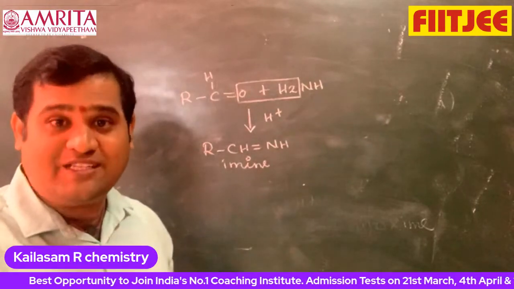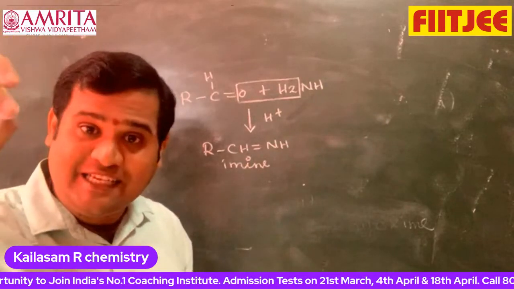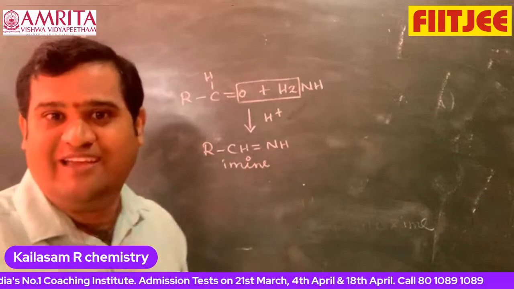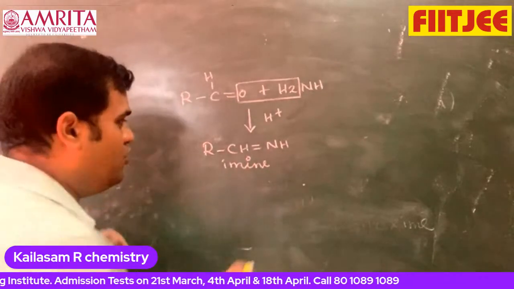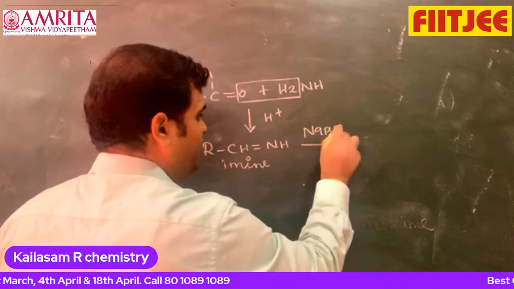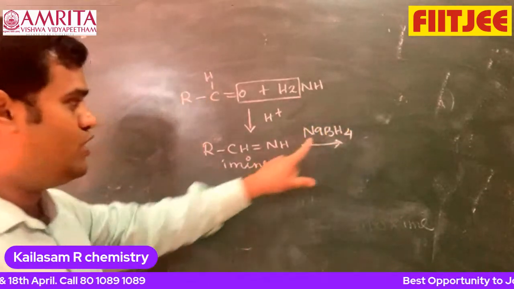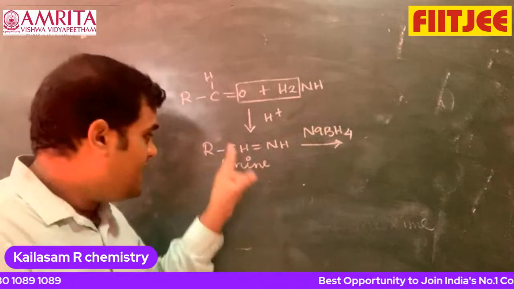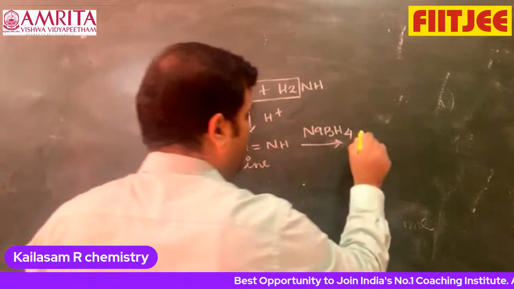Are you able to follow? That's the reason in Stephen's reaction they use SnCl2 and HCl. Now we can understand it better. Now look at that. In this I'm going to use sodium borohydride, NaBH4. Sodium borohydride can reduce imine into amine.